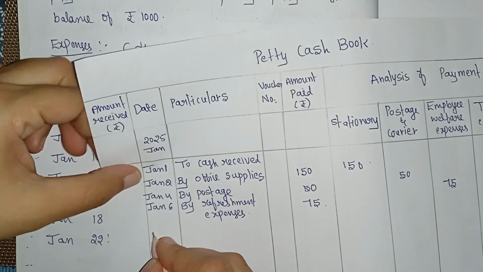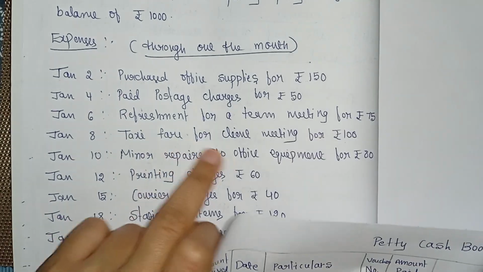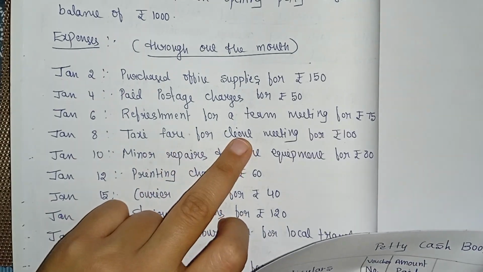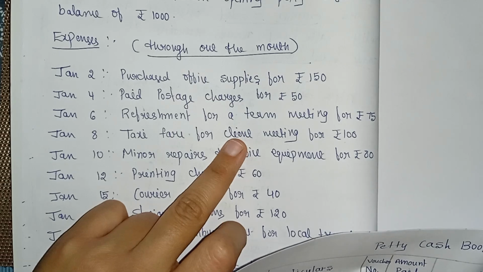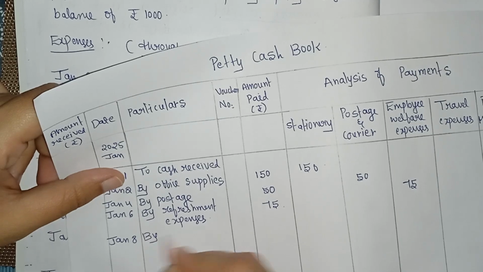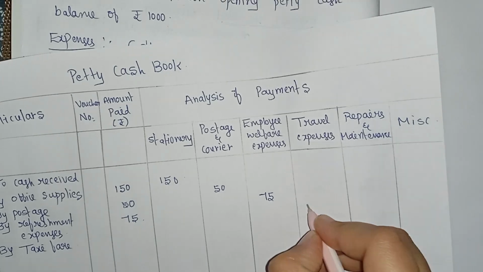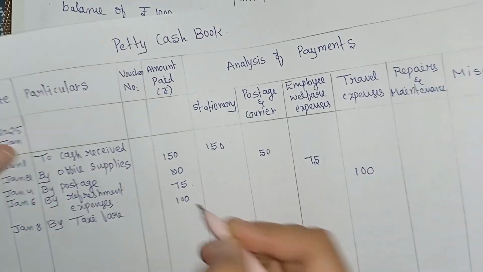Next, Jan 8. Taxi fare for client meeting rupees 100, which falls under travel expenses category. Taxi fare, that is rupees 100, by taxi fare, travel expenses rupees 100, total amount 100.